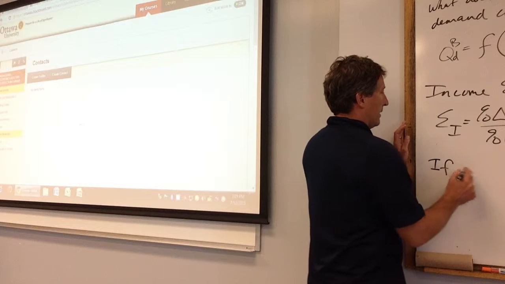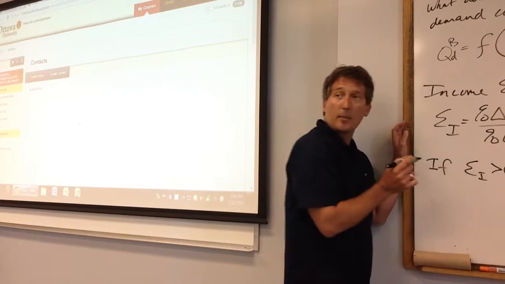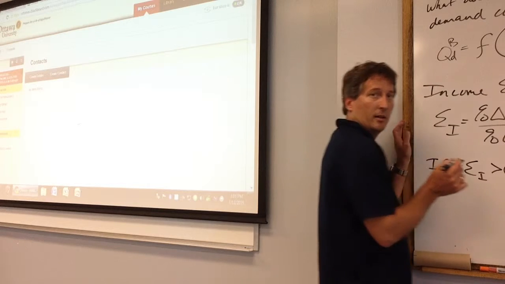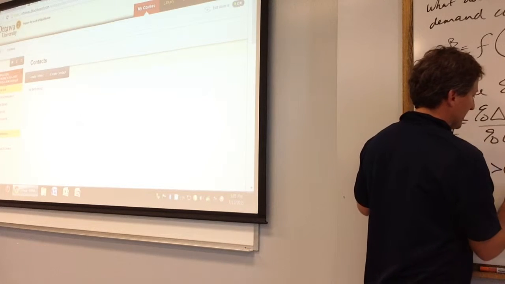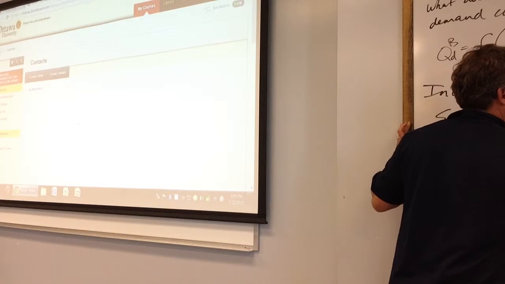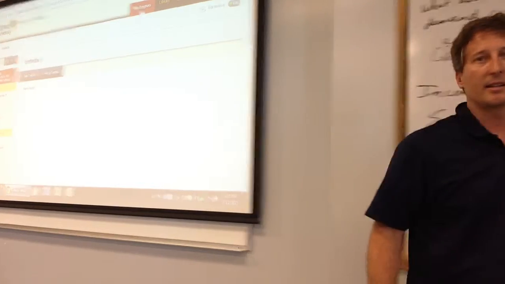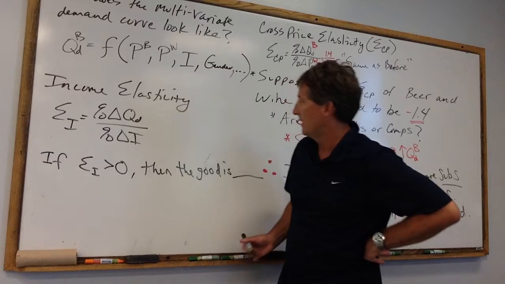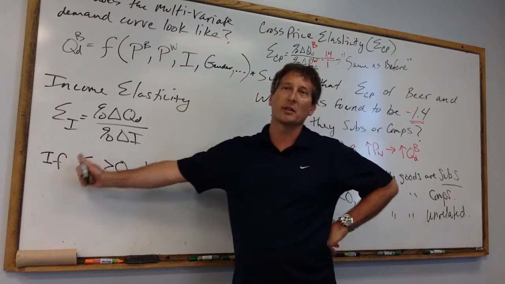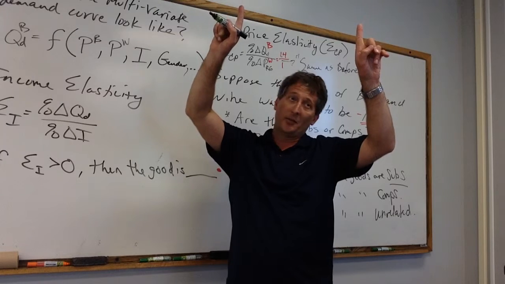Okay, so if the income elasticity is greater than 0, i.e. a positive number, then the good is blank. What type of good is it? It's a positive number.